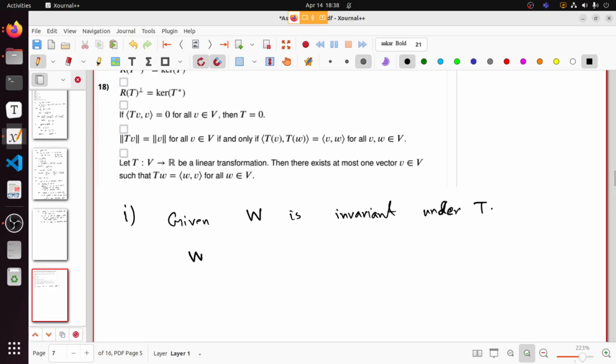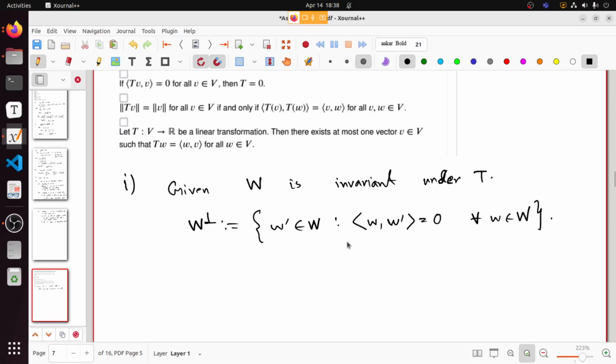So we have to show what is W perp. W perp is all such vectors W' in V such that the inner product of W with W' is 0 for all W in W. This is the W perp. So we have to show that W perp is invariant under T star.